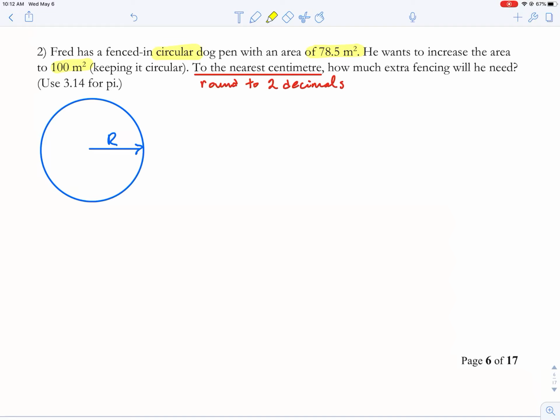So to the nearest centimeter means we're going to round to 2 decimal places because everything else will be in meters. And they're asking us how much extra fencing will he need. So it's really asking us what the increase in the perimeter, or because this is a circle, it's also the increase in the circumference.